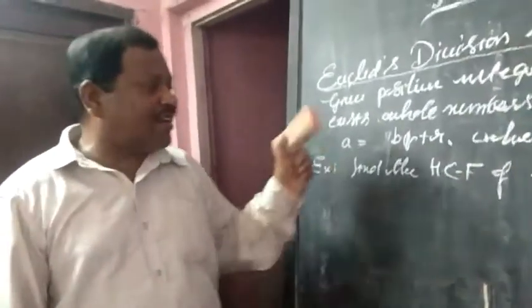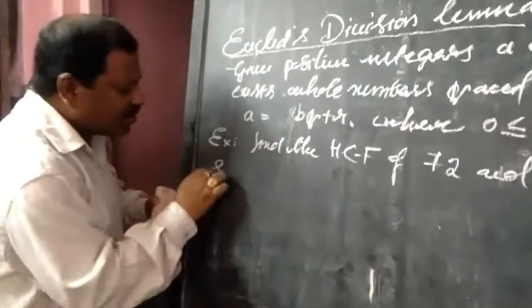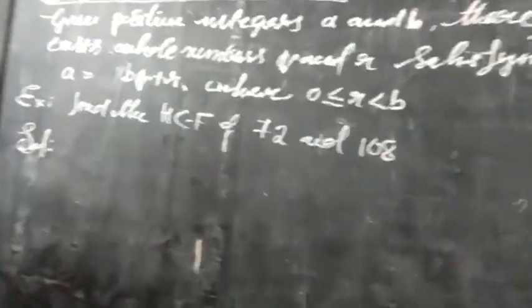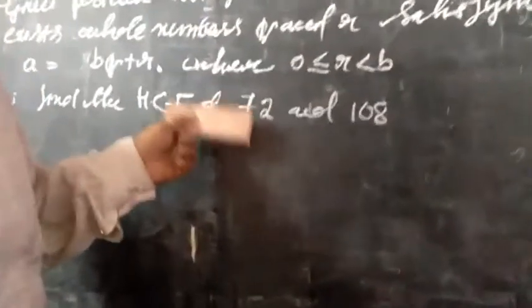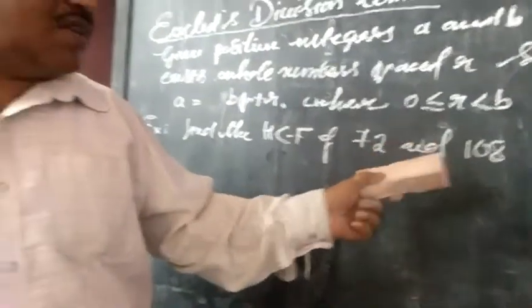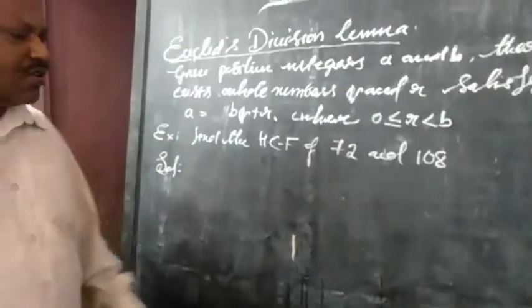How can you find it? Very simple. Observe the given numbers and see which is the largest number. The largest number is 108, the smallest number is 72. Let the largest number be A equal to 108, and the smallest number B equal to 72.